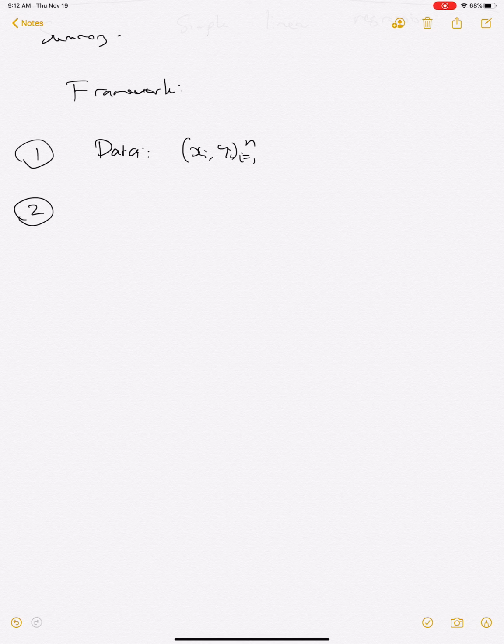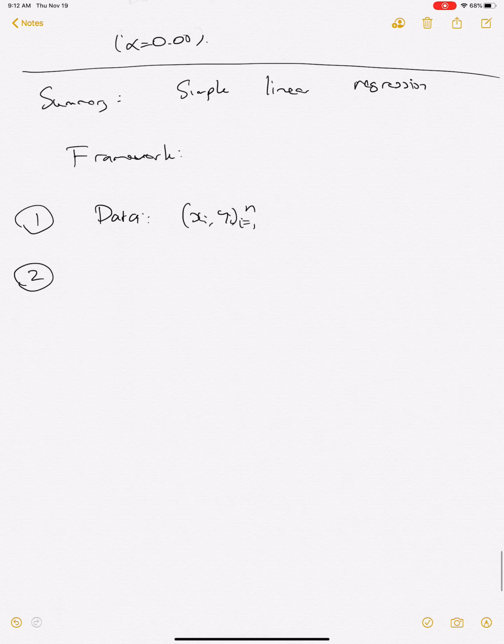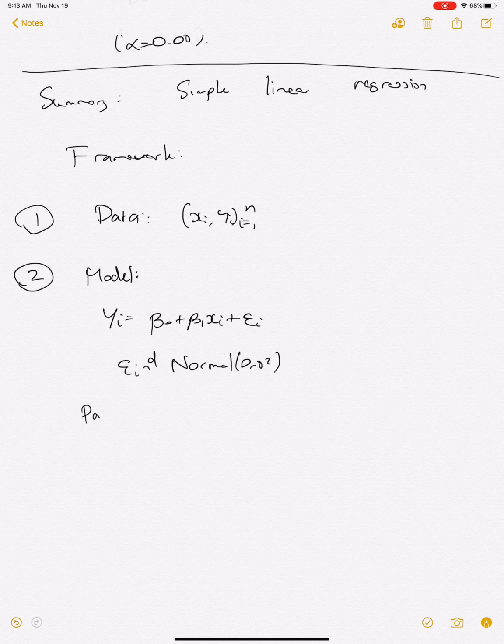Our second key point is that our model here is, with the parameters of interest here being beta 0, beta 1, and sigma squared.